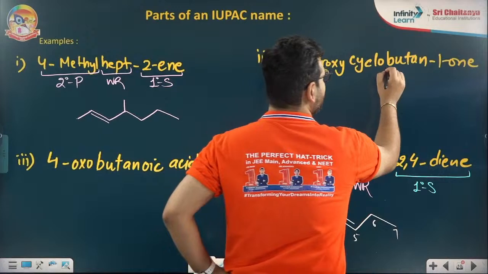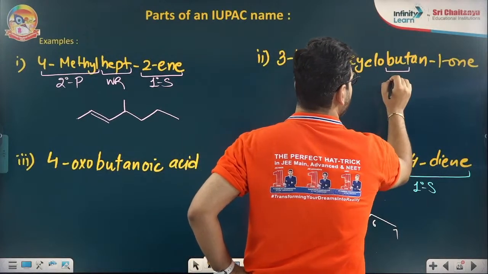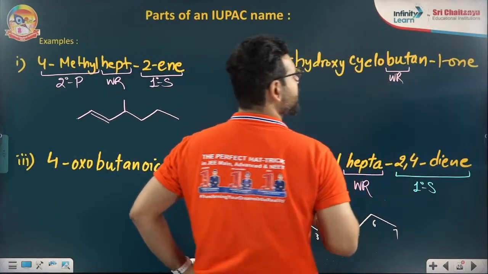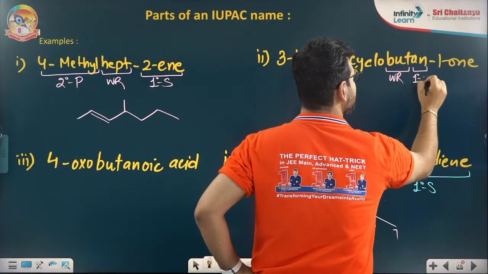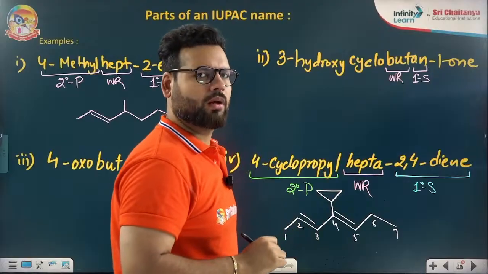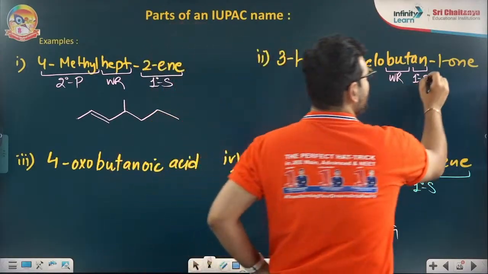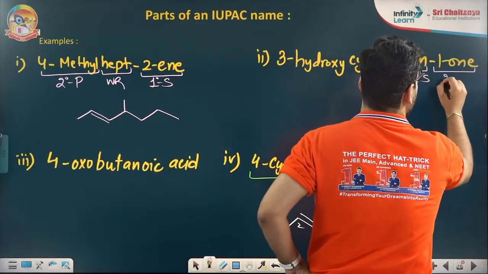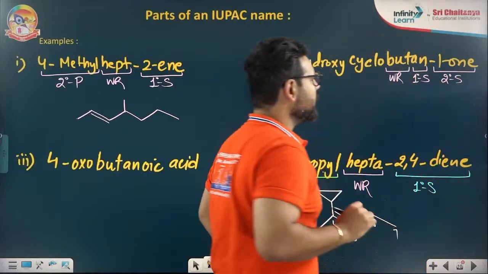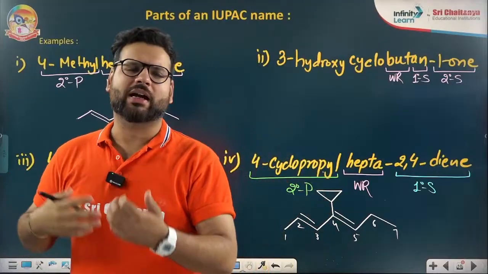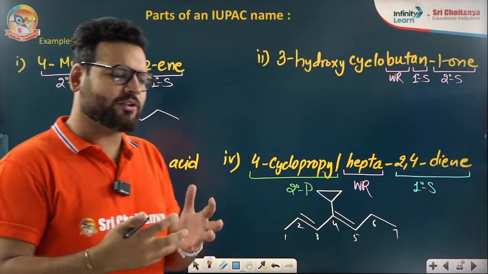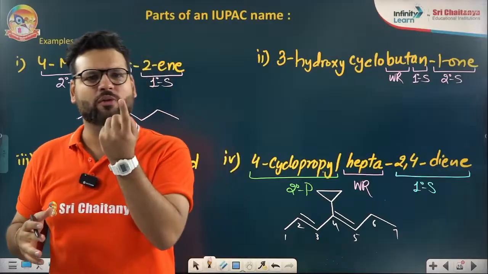Now, bute is the word root. Butane, this is the primary suffix. One on, secondary suffix. You can all see here, butane ends with a vowel. On starts with a vowel. Whenever there are two vowels together, the name does not go well. Only one vowel should be there.